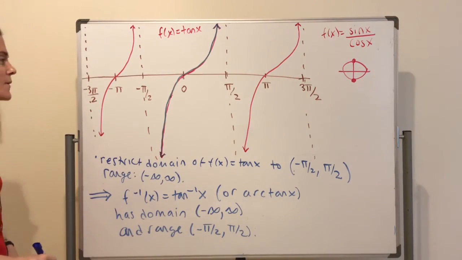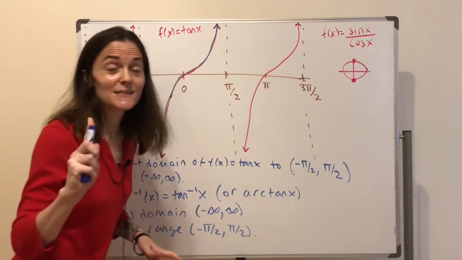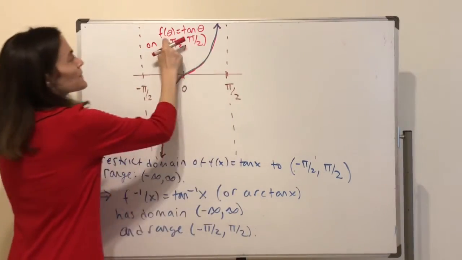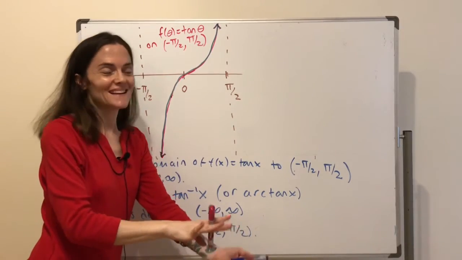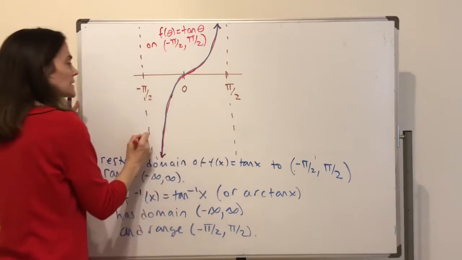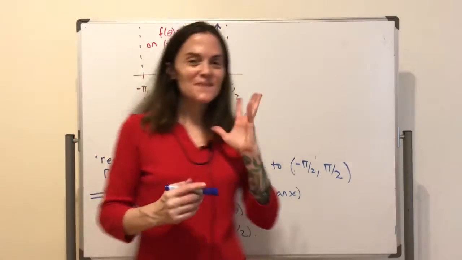Okay, now, before I get into derivatives, I want to make some observations about limits here. I have changed this again to be theta because I'm going to go back and forth between the tangent and inverse tangent, and I have just graphed it on its restricted domain. So now let's discuss limits.